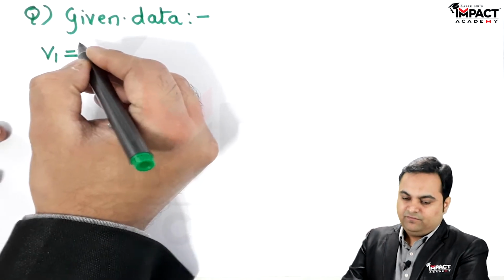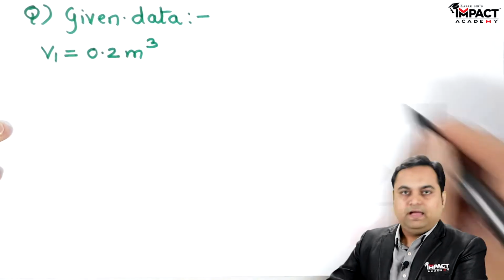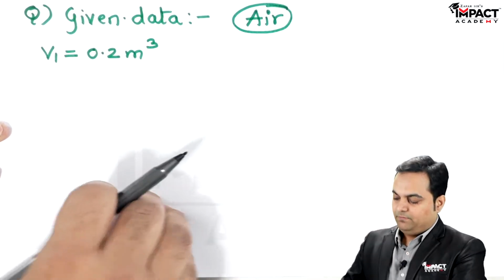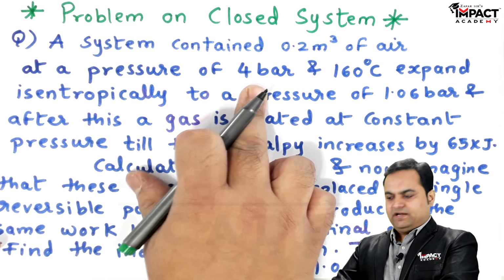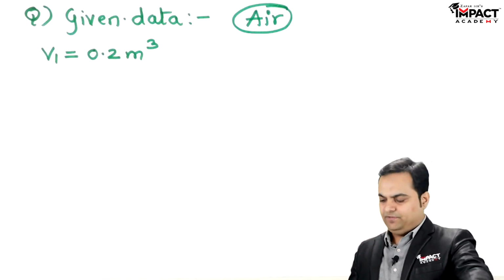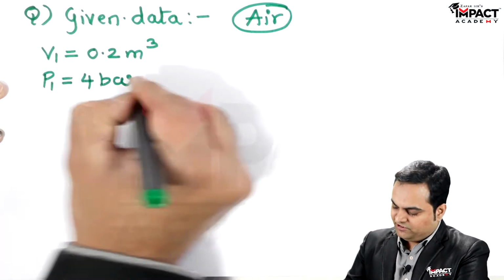volume V1 is given, which is 0.2 meter cube. And the working medium is air, mentioned in the question. Then at a pressure of 4 bar and 160 degrees Celsius, so initial pressure and initial temperature are given. 4 bar pressure, I'll convert it.